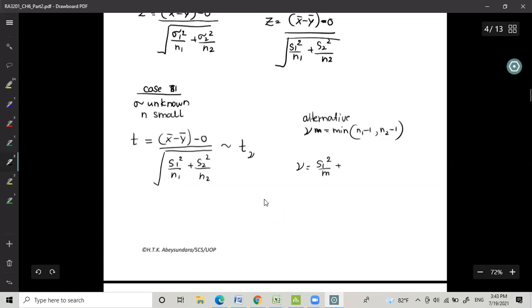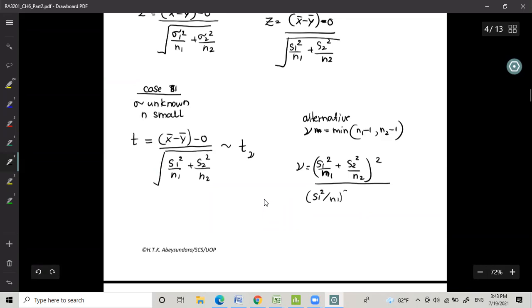This is called the Satterthwaite formula. If you use a statistical software, this is the degrees of freedom it will calculate. Sorry, I'm using two different notations in one.